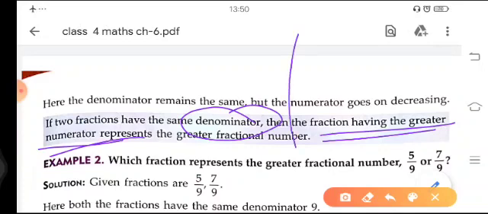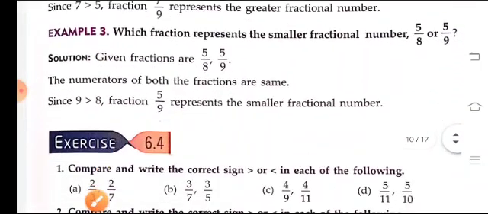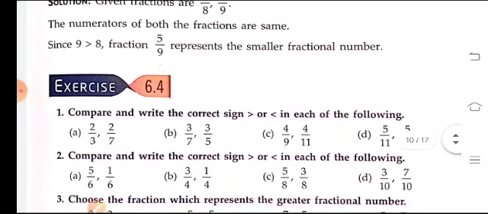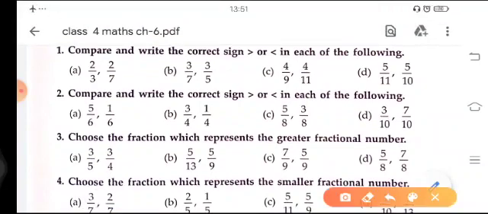So according to that you will compare the fractions and you can arrange the fractions in ascending or descending order, or easily find the greater fraction and the smaller fraction. So our next exercise is related to which is the greater fractional number or which is the smaller fractional number. Here question number 1 is given.